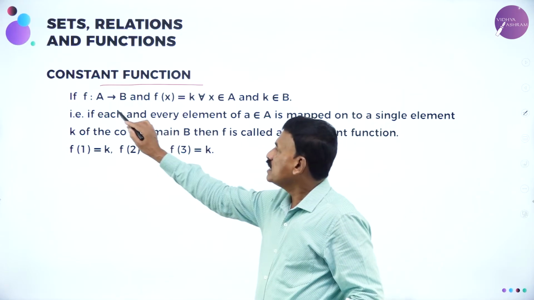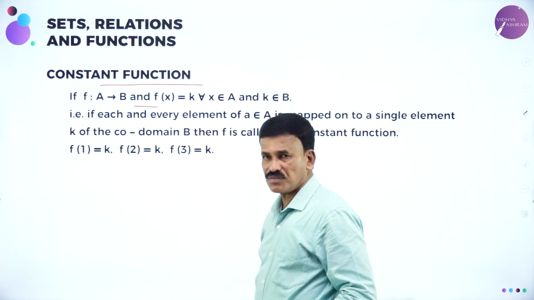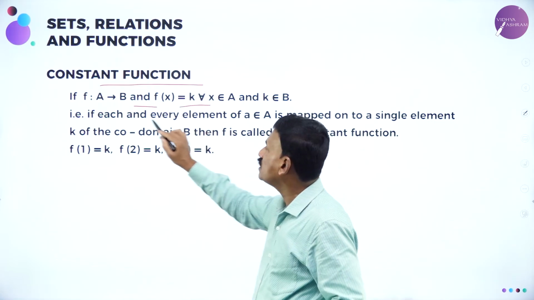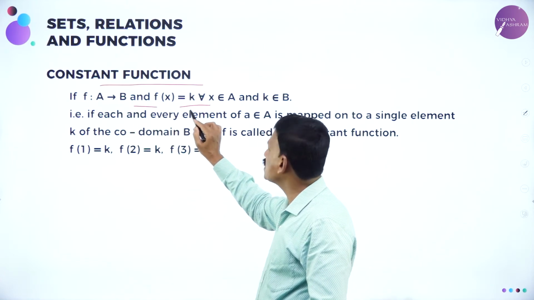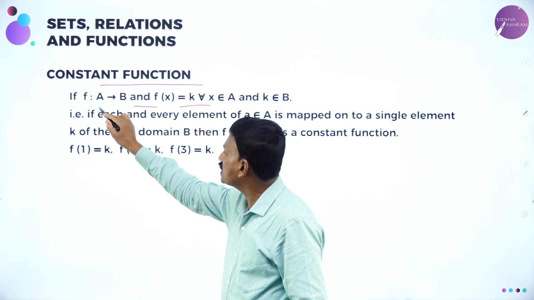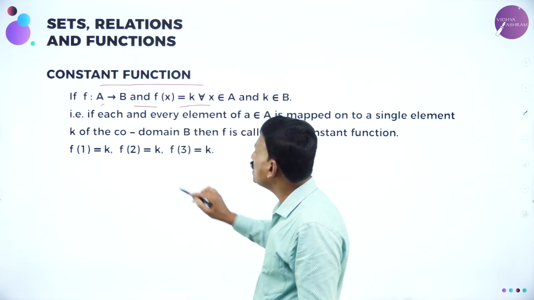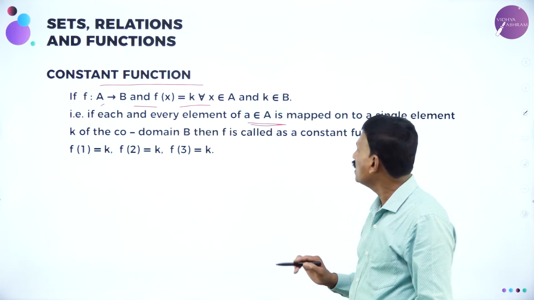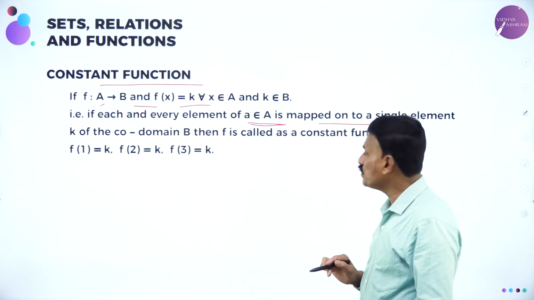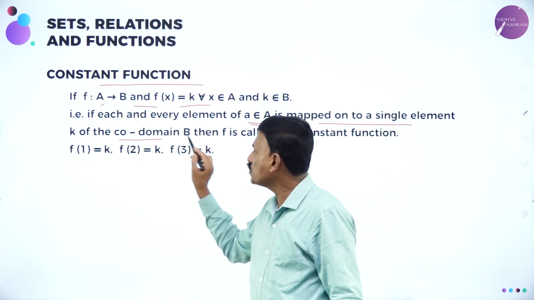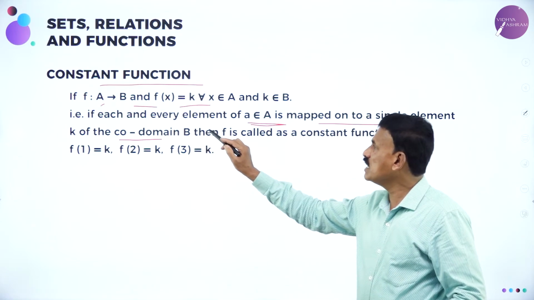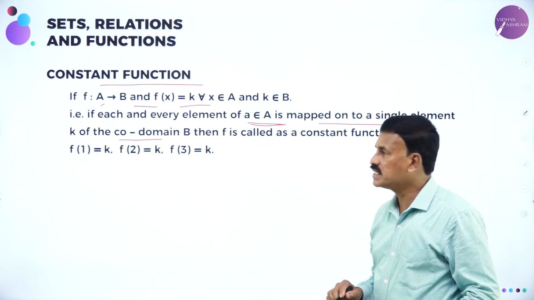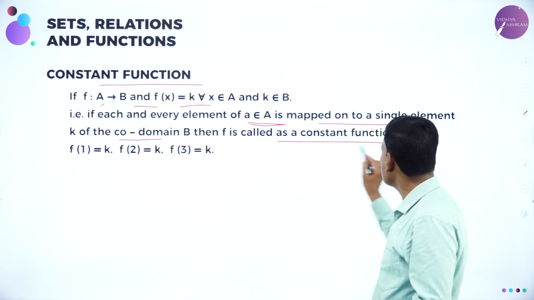Let f from A to B be a function where f of x is equal to k for all x belongs to A and k belongs to B. That is, if each and every element of the set A is mapped onto a single element k of the codomain B, then it is called a constant function.